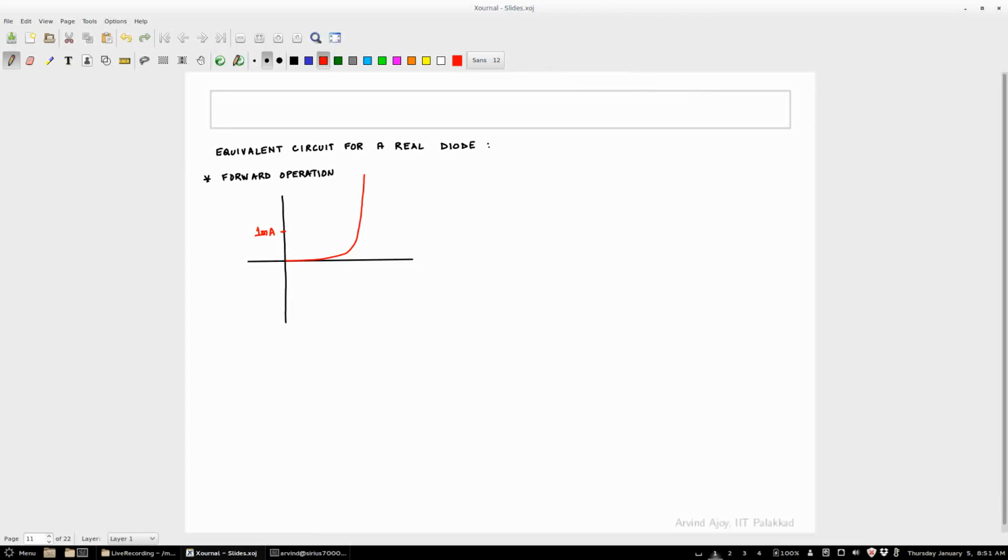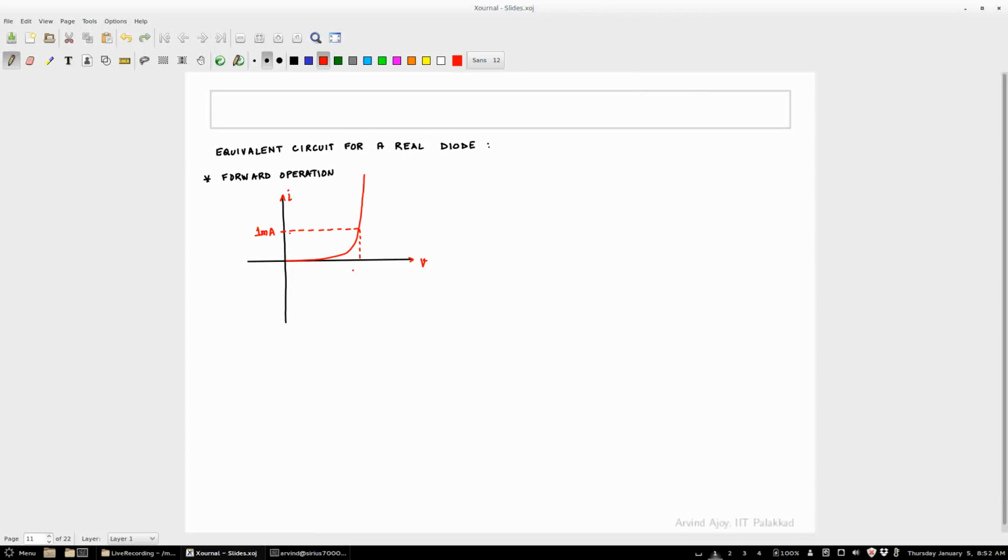In an application it may be a different value, but say it's 1 milliamp. So 1 milliamp may be here. The exact value may differ from application to application, but what we are going to define will not vary that much, even if the 1 milliamp changes.